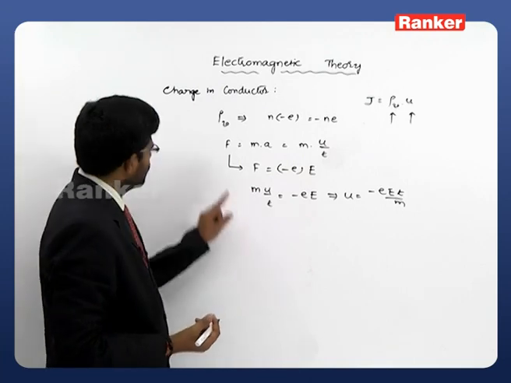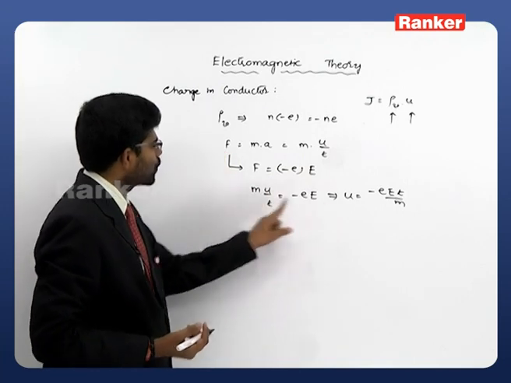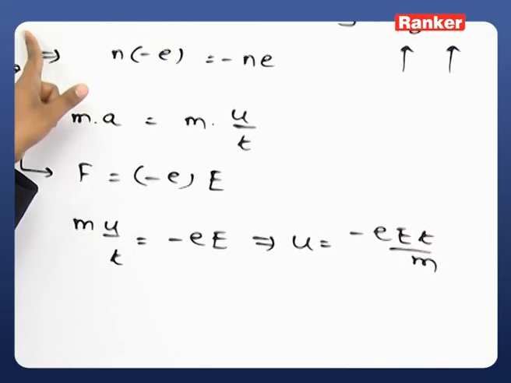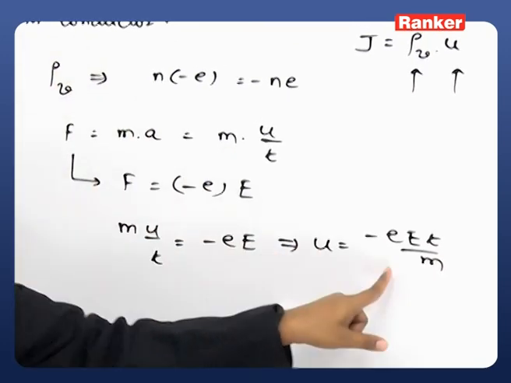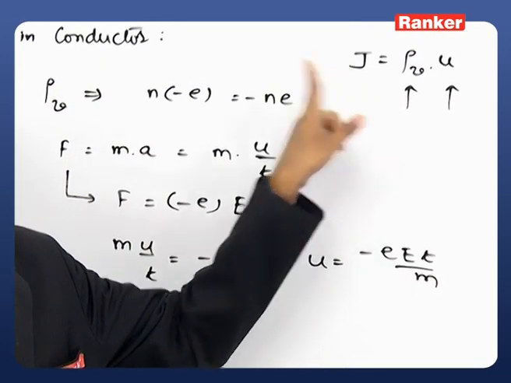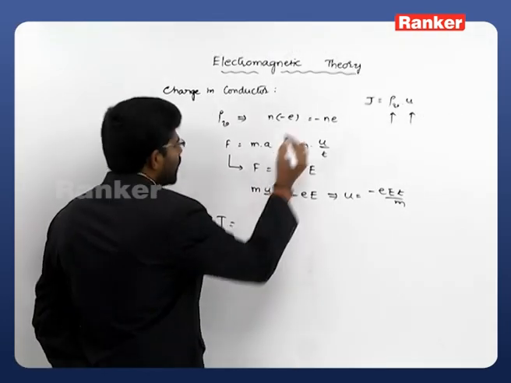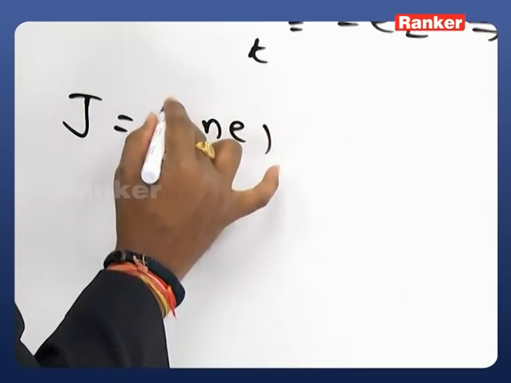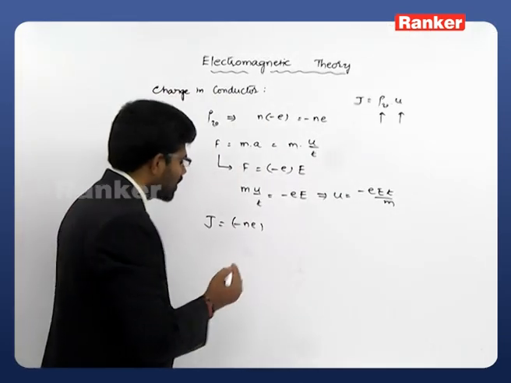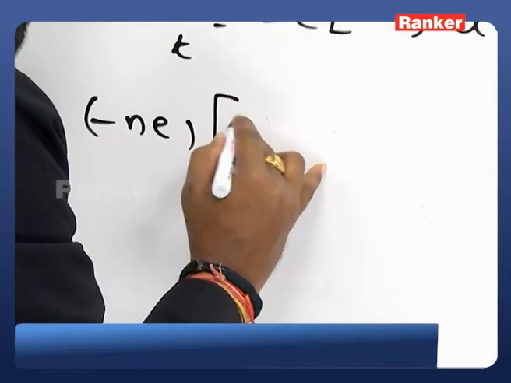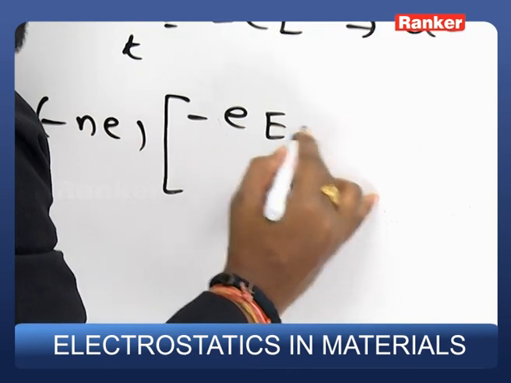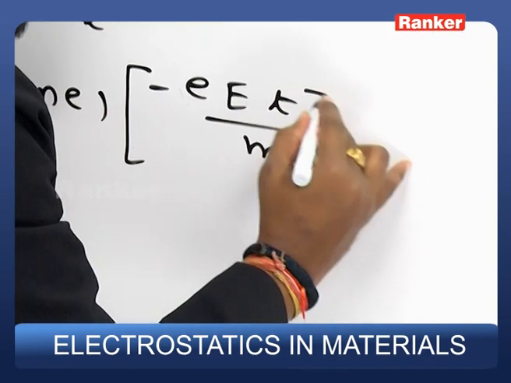Now we got the force, from that force we got the velocity, and already we got the volume charge density. Just multiply them to get the current density J. So J is equal to minus ne, the total volume charge density in the conductor, multiplied with this term, minus eEt by m.